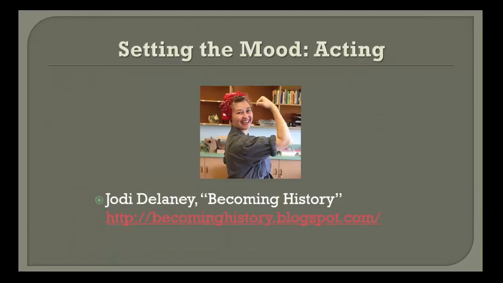Jody Delaney has a whole program on becoming your own speaker. She does first-person interpretation. She'll spend 5 minutes at the beginning of a class as a character. In this case, it's a Rosie the Riveter character when she's introducing her kids to World War II. She'll dress up, and she's extreme.